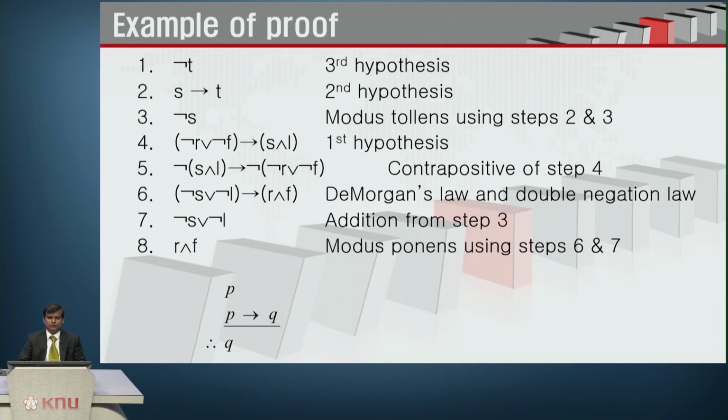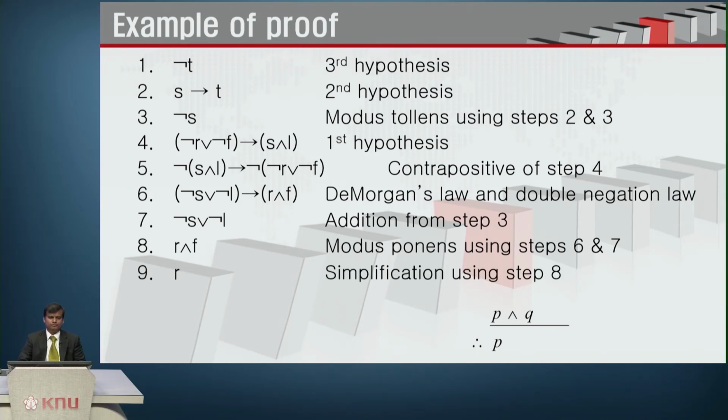So modus ponens for steps 6 and 7. Then P and Q is true. In that case, P should be true. Therefore, R. So that is it. We made the conclusion as R: it has rained.